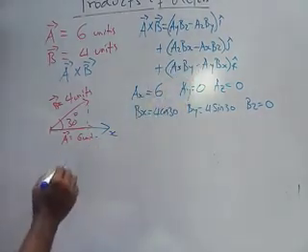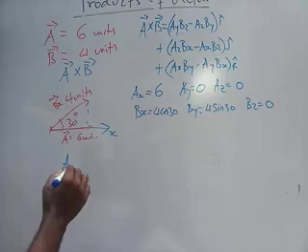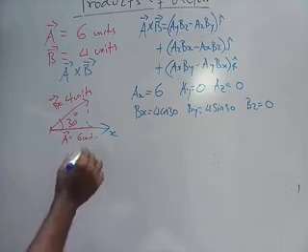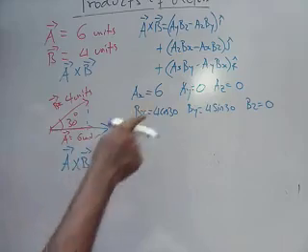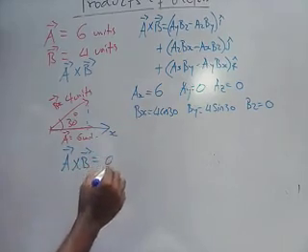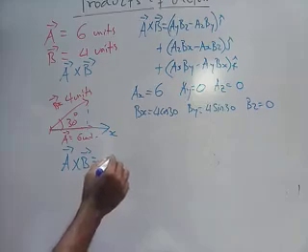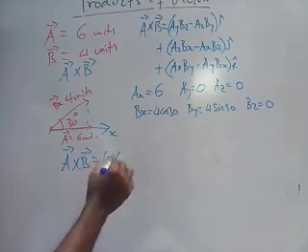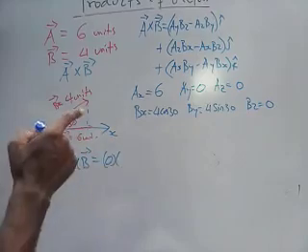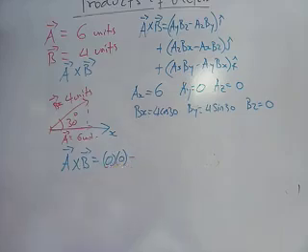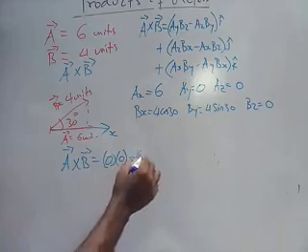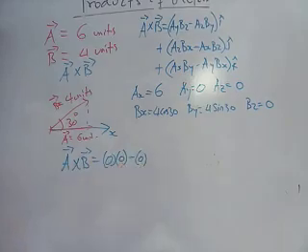So A cross B: AY is 0 multiplied by BZ, which is 0, minus AZ, which is 0, times BY.